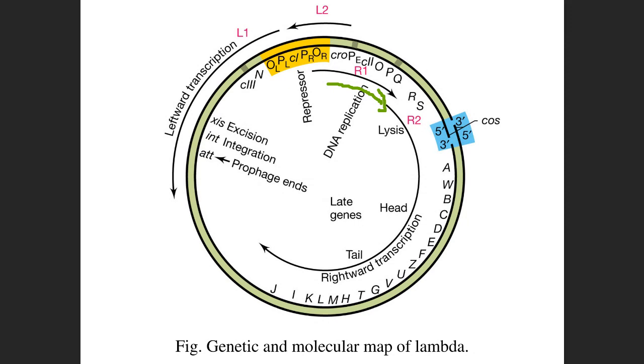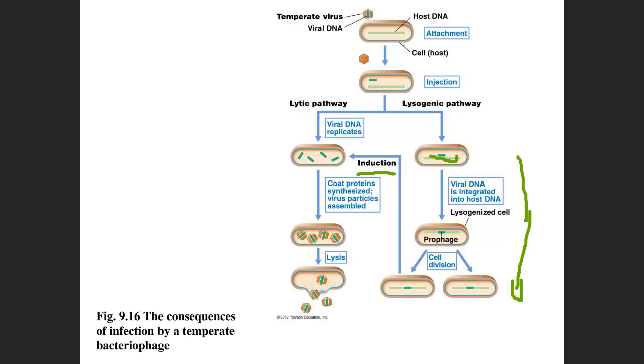So both PR and PL will become active, and you have lambda being made, and the lambda exit protein gets made. Okay, so that's the life cycle of the lysogenic bacteria.